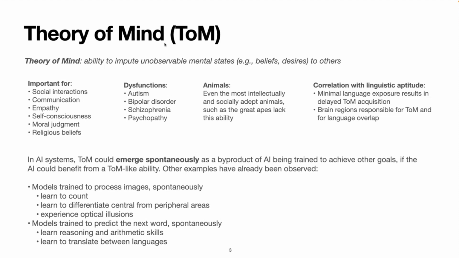So one question is, are there other examples of spontaneously emerging capabilities in artificial neural networks? And the answer is yes. If you take models that are trained for image processing, depending on the task, of course, but for some tasks, they learn to count.